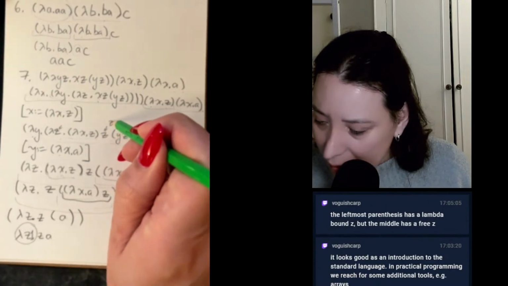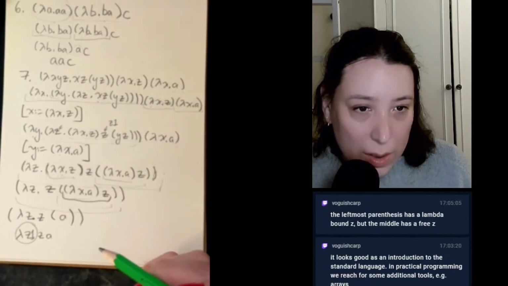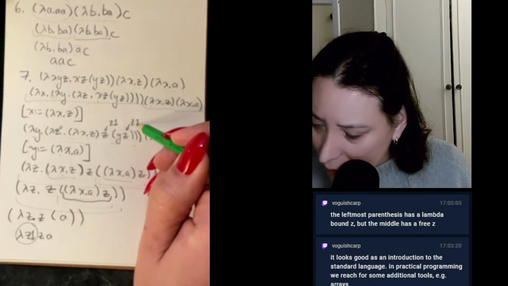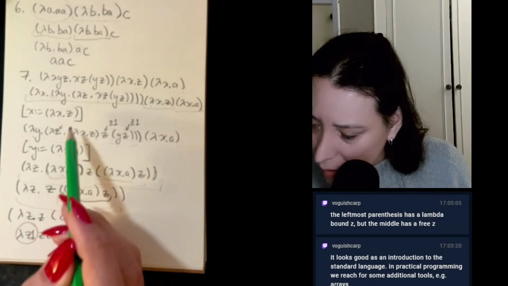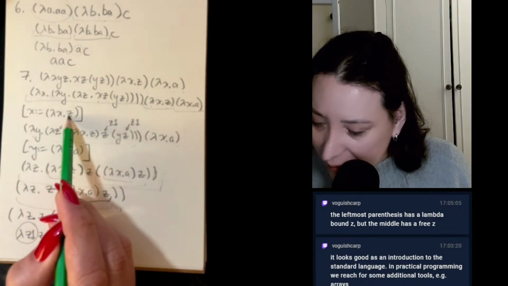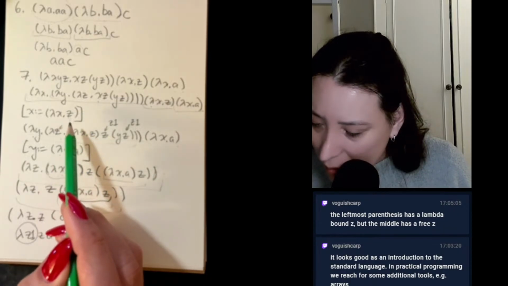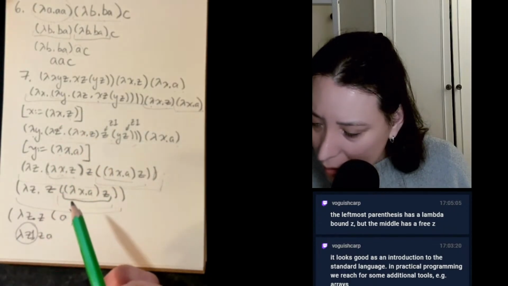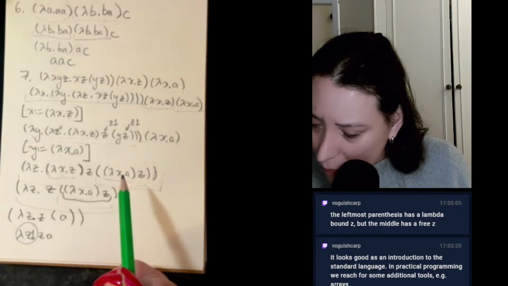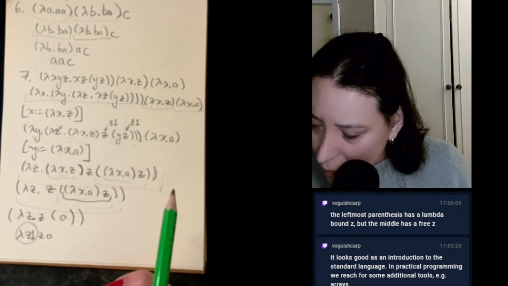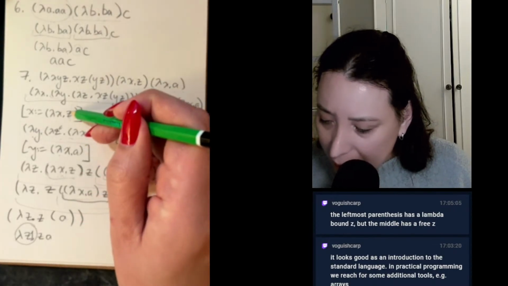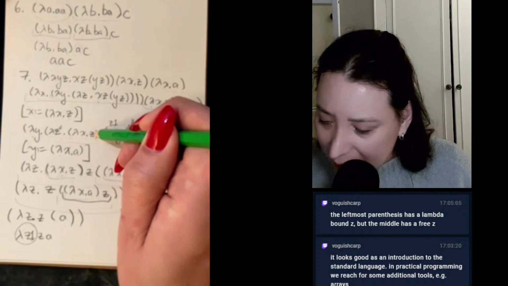And this turned to Z1. And this turned to Z1. So let's see here. Because this Z here is not the same as this Z.